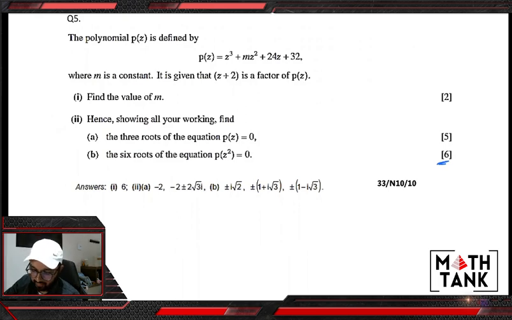I think that's relatively simple. If you put in z as minus 2, that should give you the answer. That's basic polynomials: minus 2 cubed plus m times minus 2 squared plus 24 times minus 2 plus 32 equals 0. So I get minus 8 plus 4m minus 48.